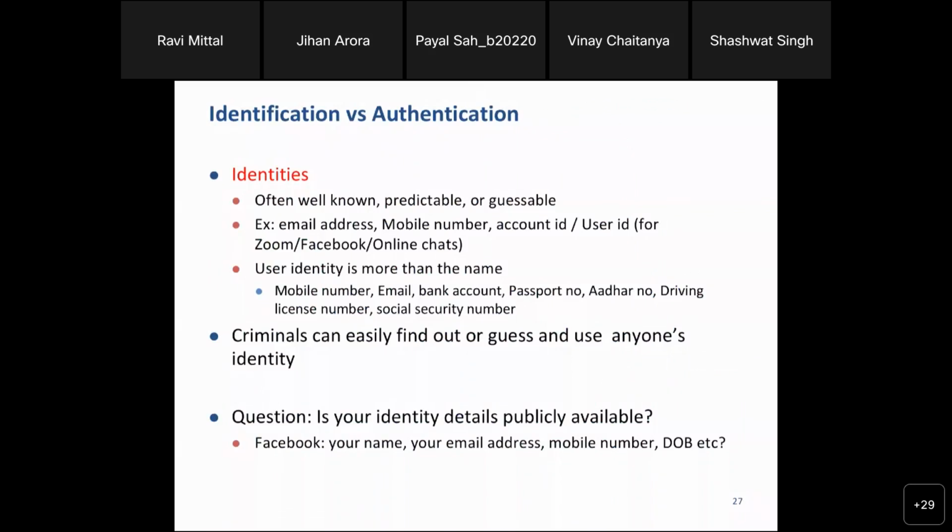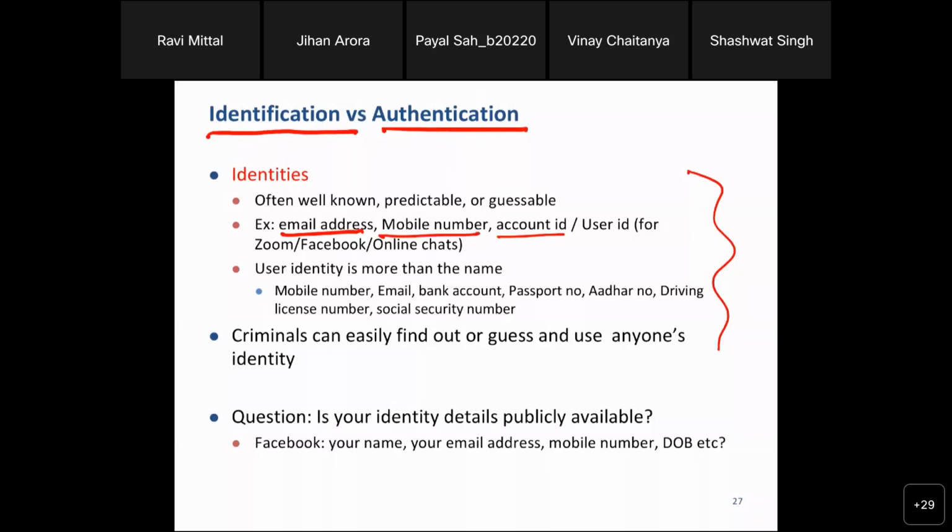So you can go through these slides. Identification versus authentication. Identities are something that is given to us by some authorized person. For example, identities associated with me could be my email address, my mobile number, or an account ID.